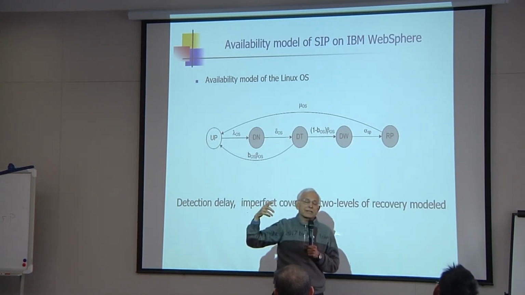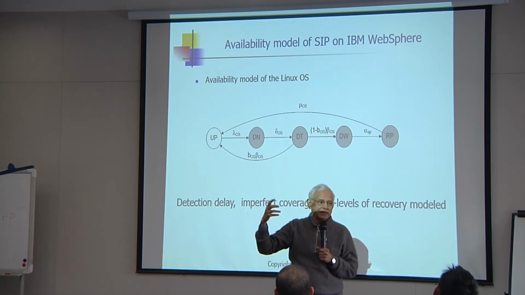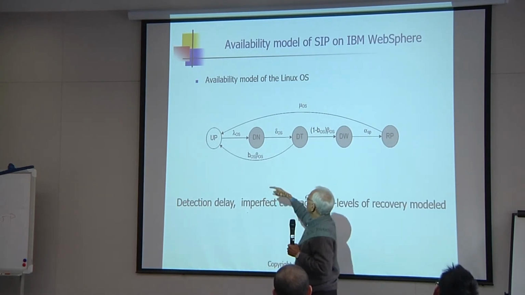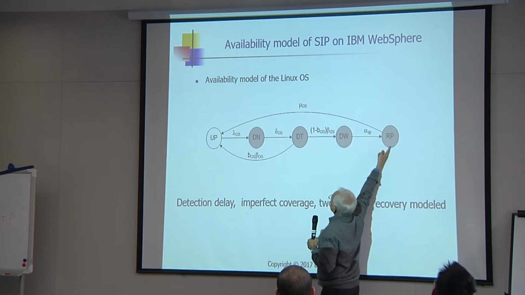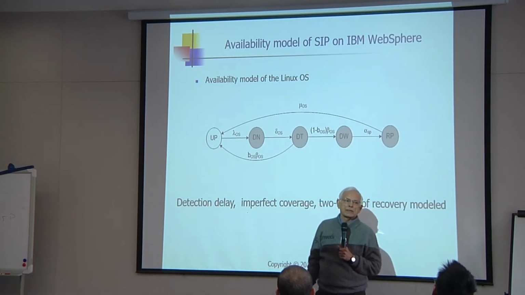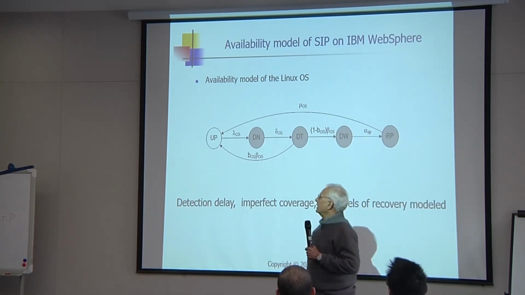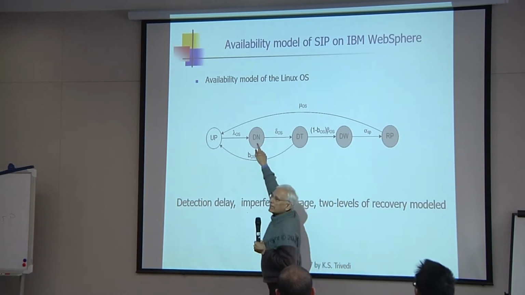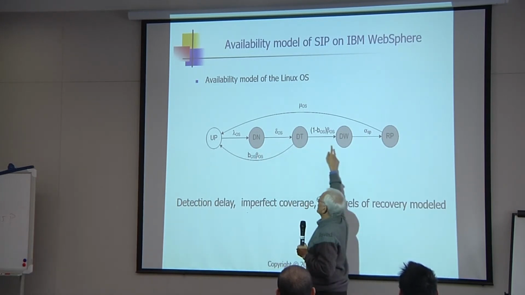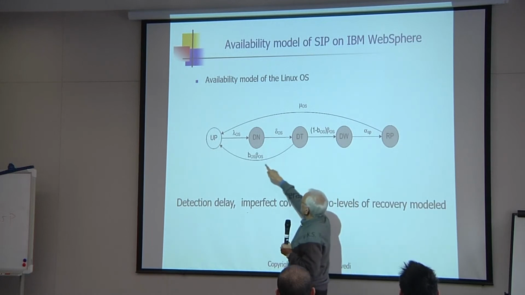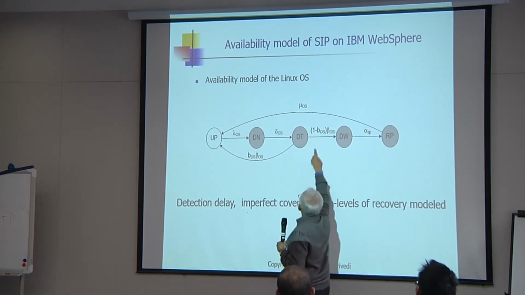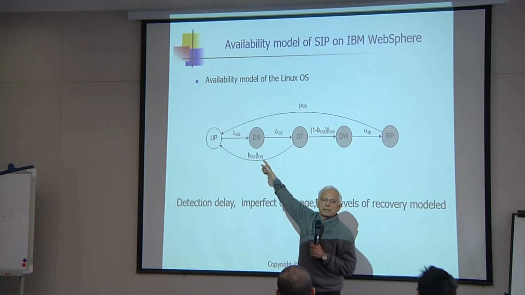But occasionally the reboot is not successful, hopefully not so often, in which case you need to do a patch, right? So what this contains is delays in various stages of recovery, and the probability of unsuccessful action in the recovery.